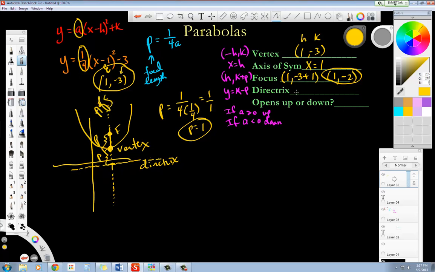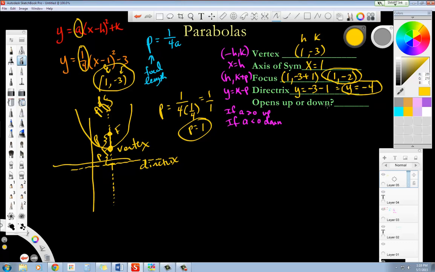So the equation for the directrix is a y equals a number, and it's k minus p, where k is -3 minus p, so minus 1. That would equal y equals -4. And so that would be your final answer. So it's okay to do a little bit of math within these blanks here. Just circle your answers.